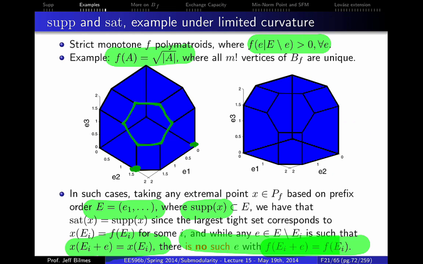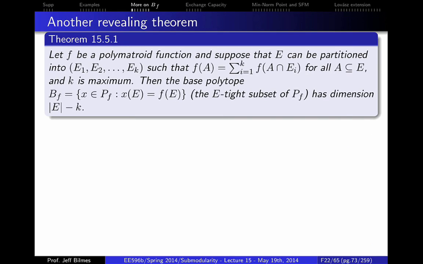There's no such E that has this equality here, because the gain is always strictly positive. Okay, so therefore, we have that the largest tight point is the same as all of the points that are non-zero, or sup and SAT are the same. Okay, and so there's an example of that.